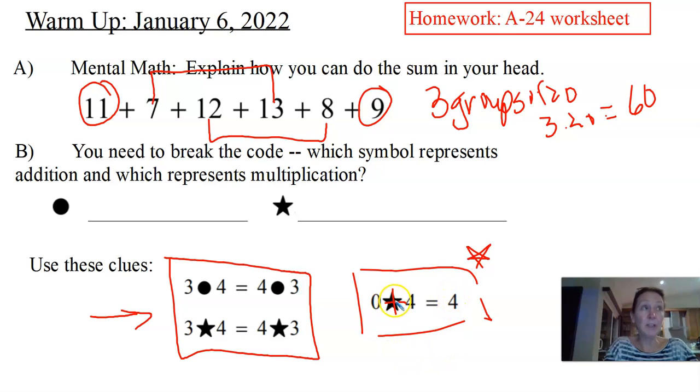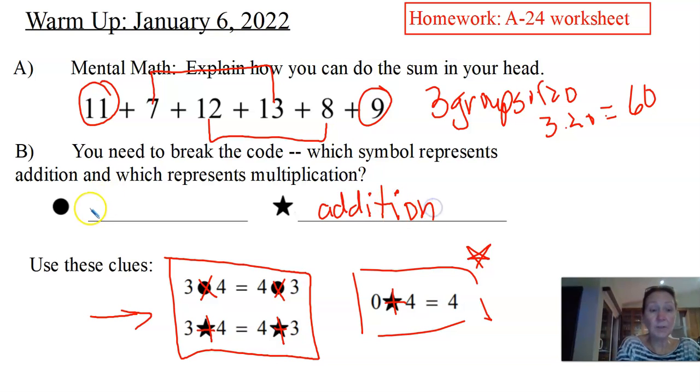If I put multiplication in, 0 wipes out everything when you multiply it. Anything times 0 is 0. So it does indeed work that the star must be the plus sign and the circle must be the multiplication. So star stands for addition and the circle stands for multiplication.